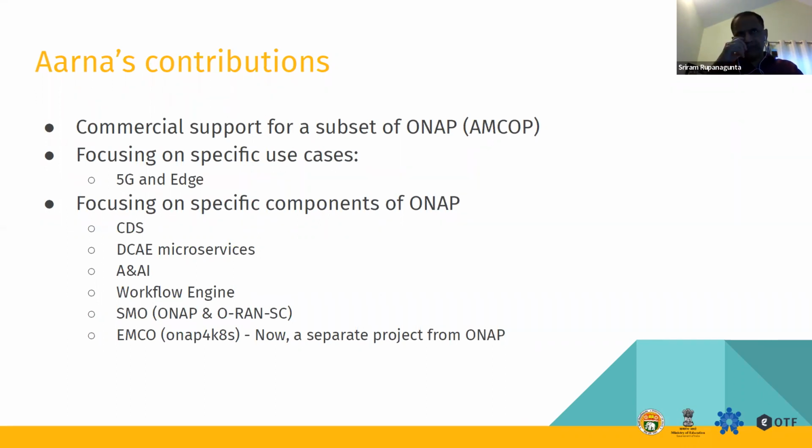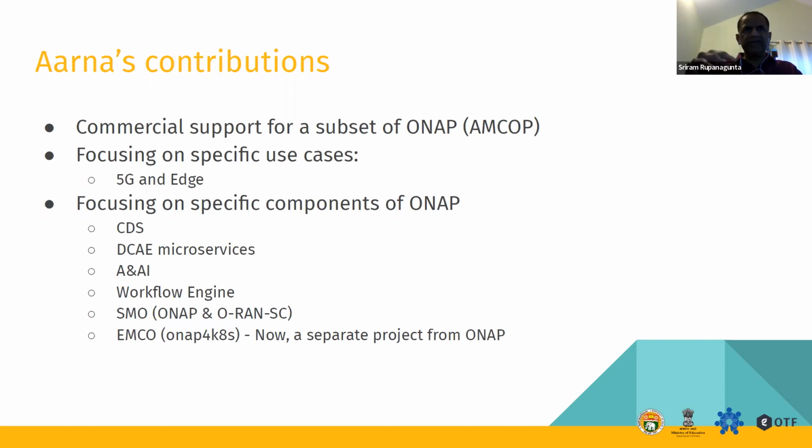The specific use cases that we are focusing on are 5G and Edge. The technology of ONAP is very generic, and you can use it for multiple use cases. But the functionality that we support in Arna is specific to 5G and Edge use cases. And for that, we picked some of the components from ONAP.